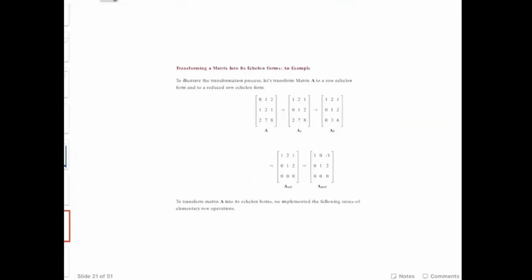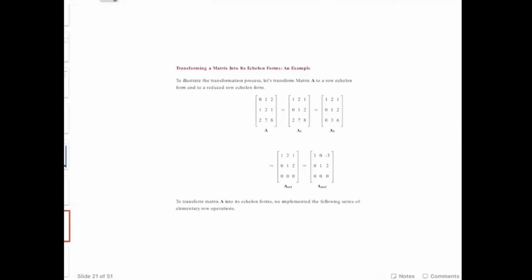So we have a matrix A, and can we transform it into a row echelon form and into a reduced echelon form? This example is also in the PDF on Kit, and in the PDF I've written using text what steps to take.